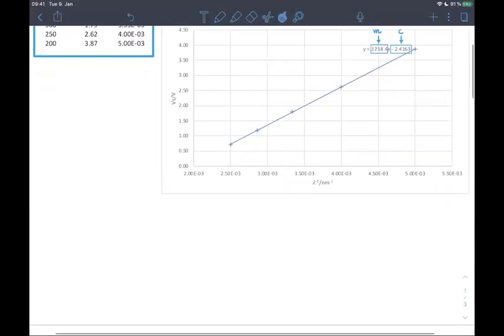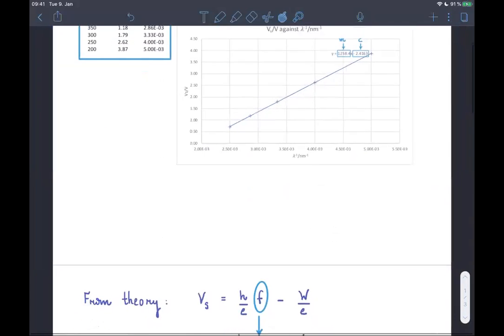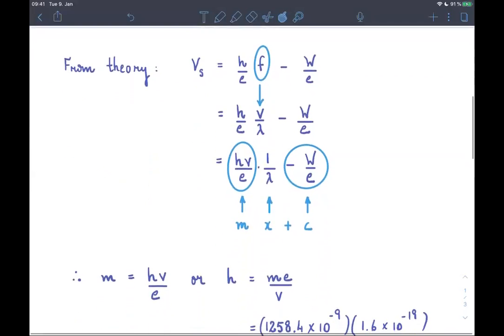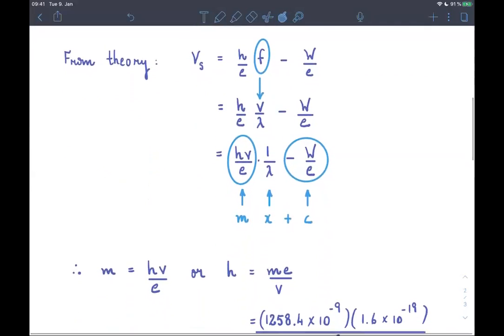I will show you first some theory. We start with Einstein's photoelectric equation. And I'm going to substitute c on lambda instead of the frequency, since our experiment was in terms of wavelength rather than frequency.